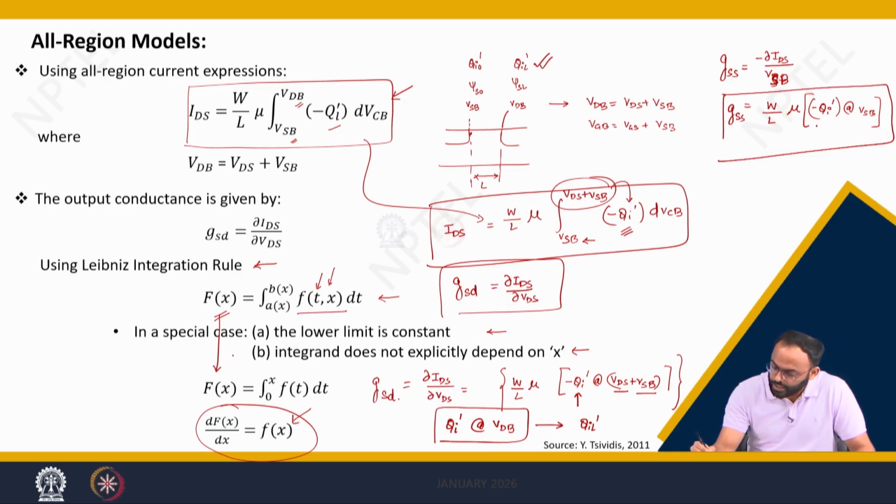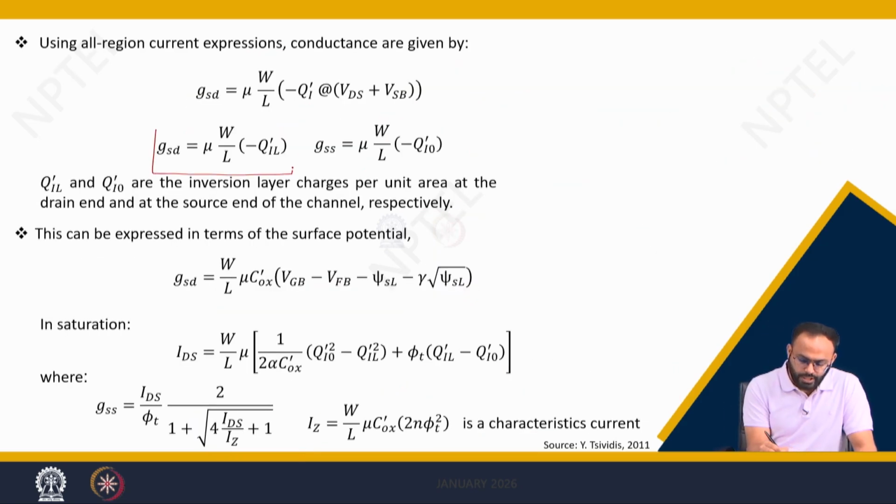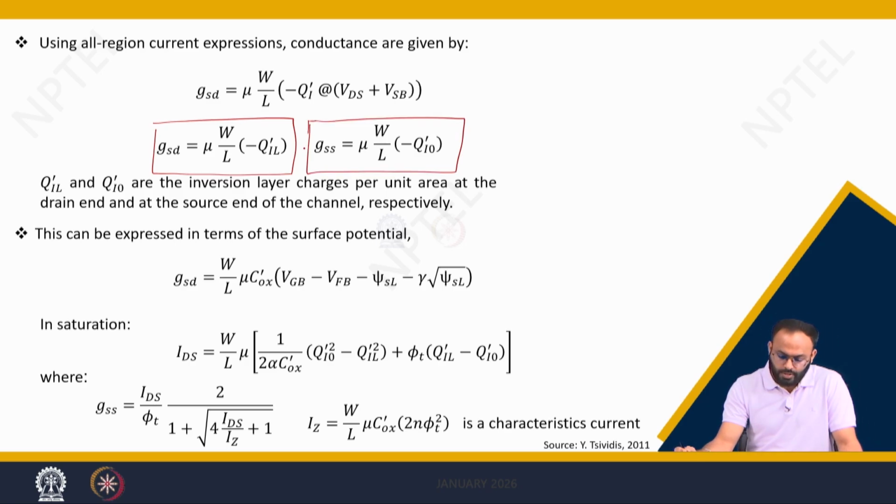Similarly, the inversion charge measured at VSB near the source is defined as QI dash 0. So finally, we end up with the expressions of GSD and GSS using the all region model.